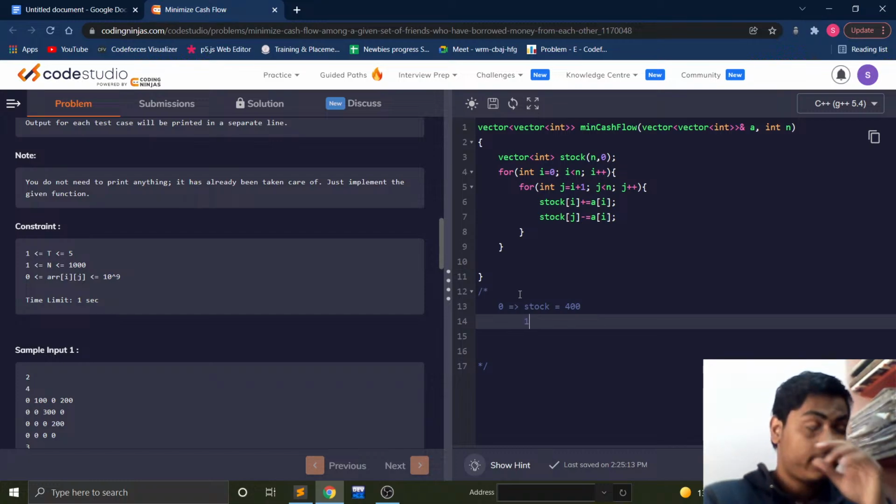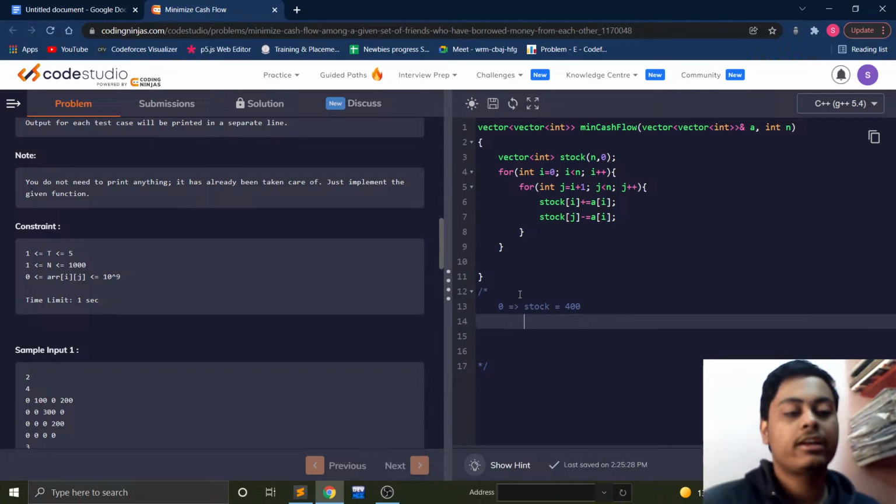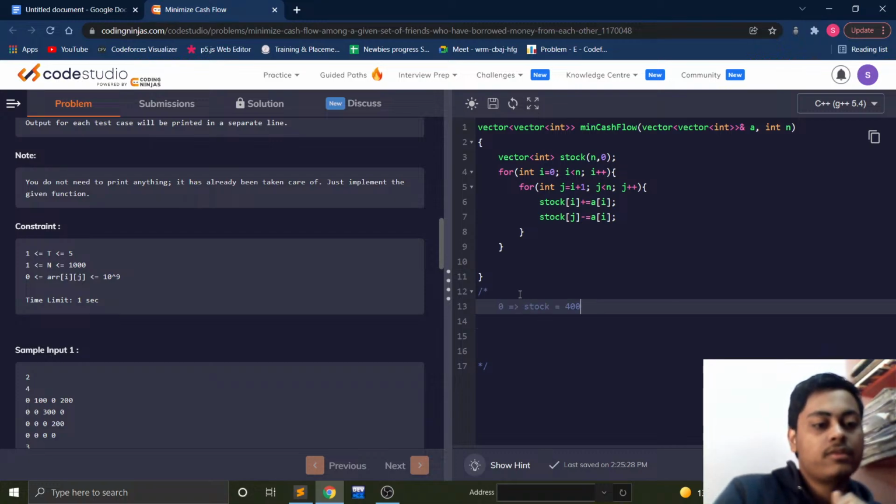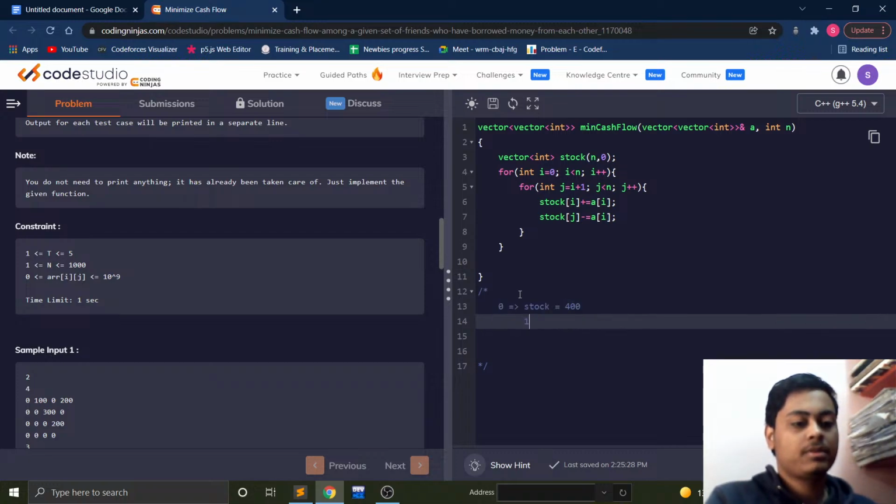If the first person has a negative stock, we will try to fulfill it with this one. Let's suppose the first person had a negative stock of minus 200, so we gave 200 to him.